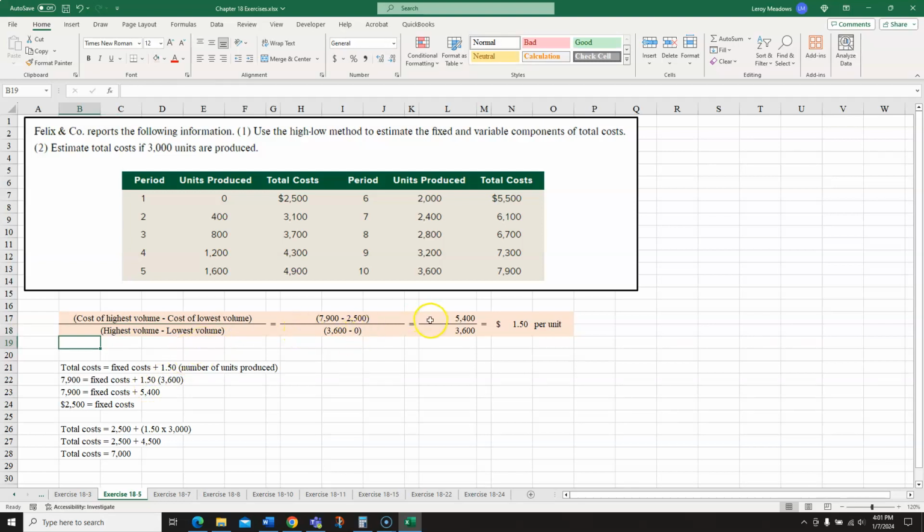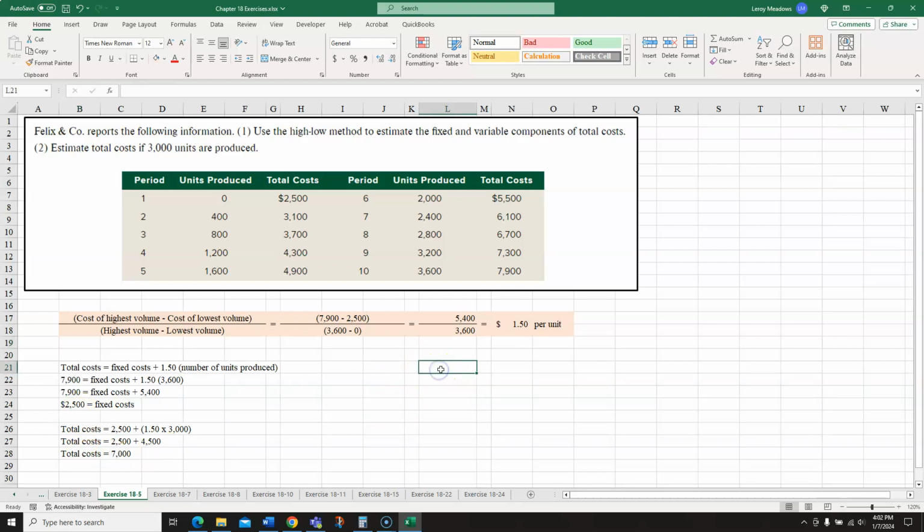That'll give me my variable cost per unit. And then I can plug that in to either the high point or the low point to get my total fixed costs. And so my fixed costs are estimated to be 2,500. Then I can use my variable cost per unit and total fixed cost to compute any level of activity.